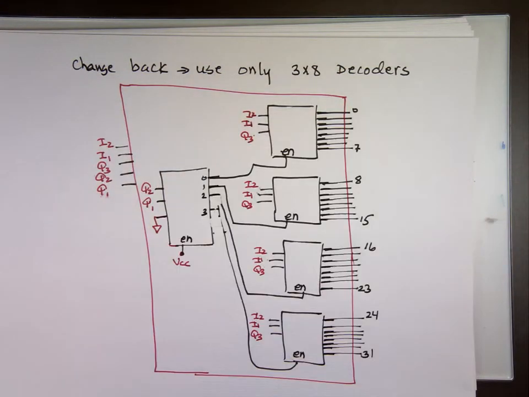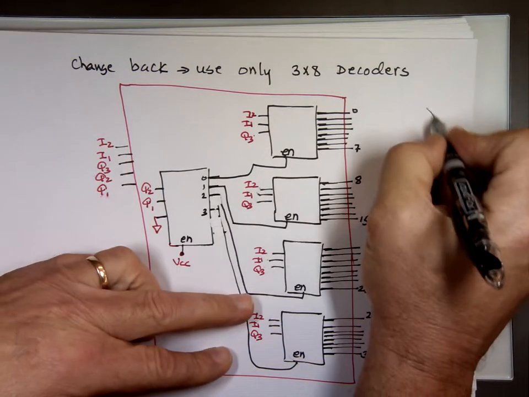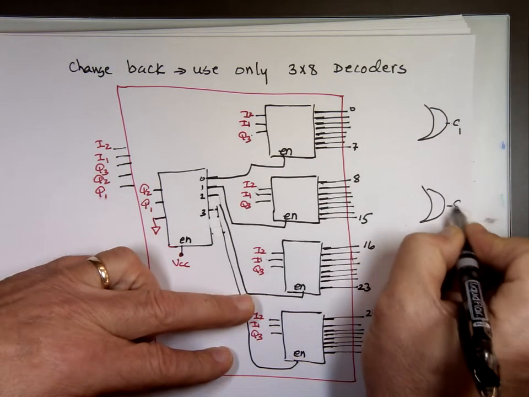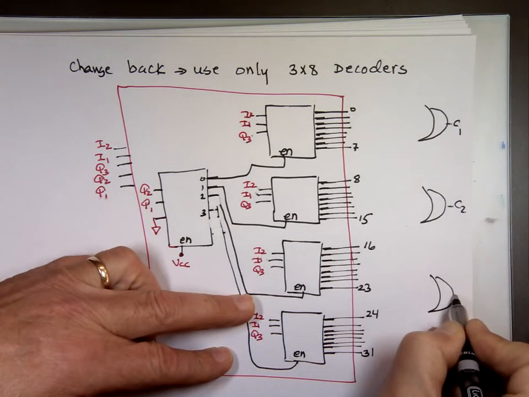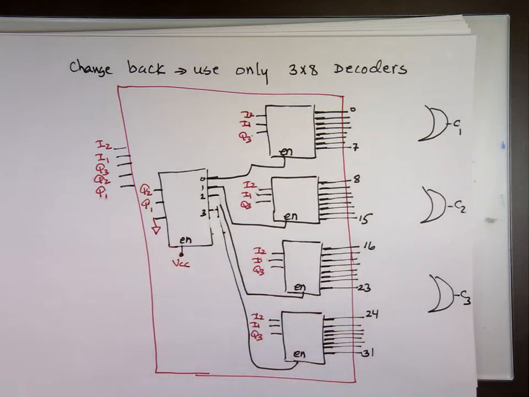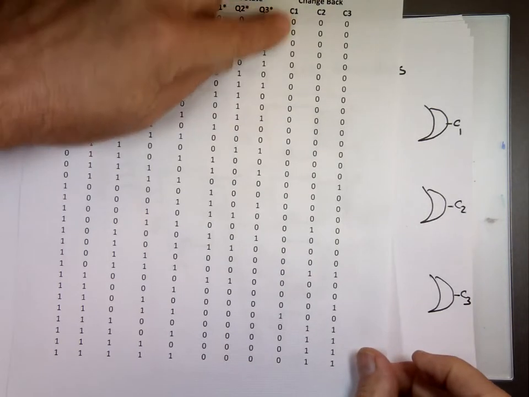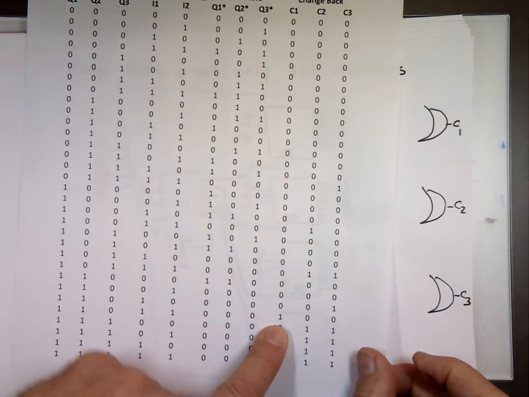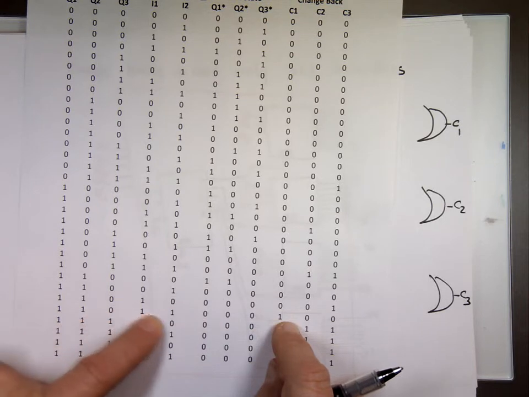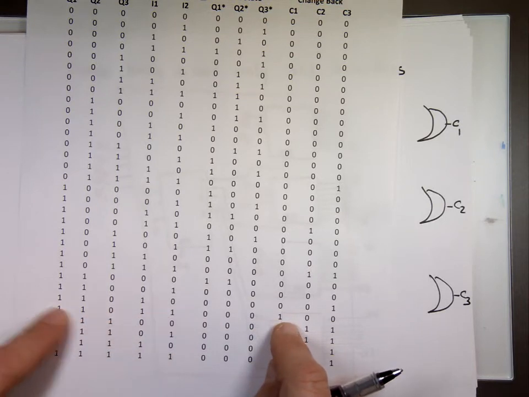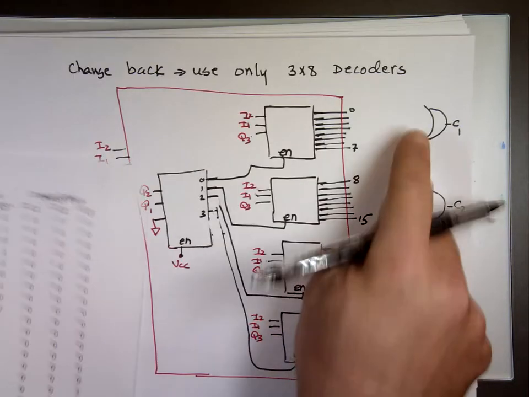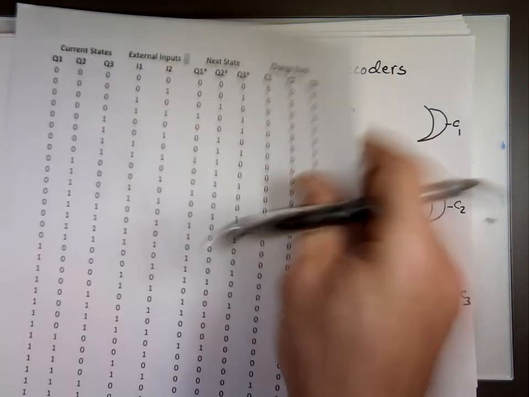Well, guess what? For C1, C2, C3, you got to attach the right pin. Now for change 1, let's look at change 1. 0, 0, 0, 0, 0. Oh, I see a 1, which is which one? 1, 1, 0, 1, 1. What number is that? Actually, I don't even need a gate for that one. It's only 1, right? I only see 1, 1 here for change 1. Do you see any more?